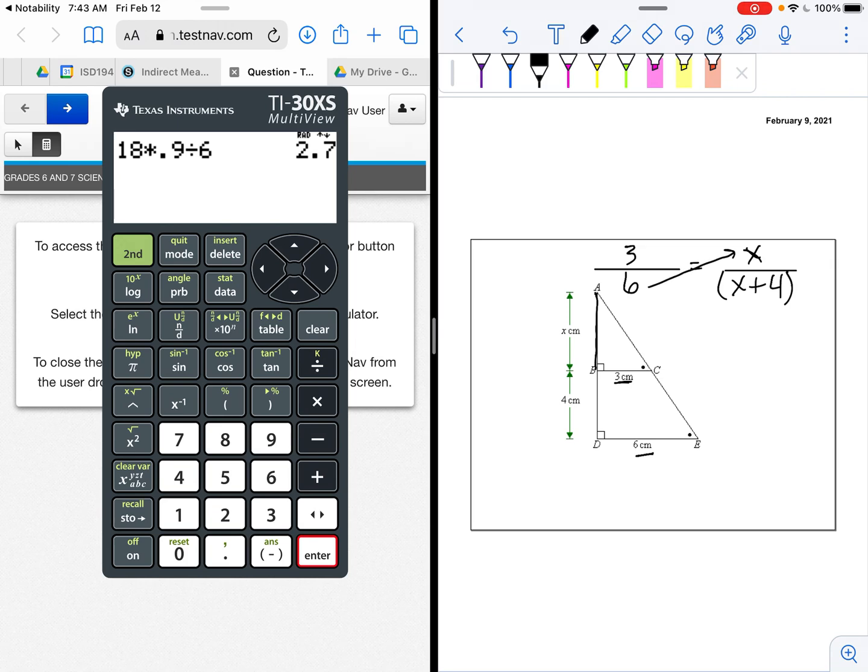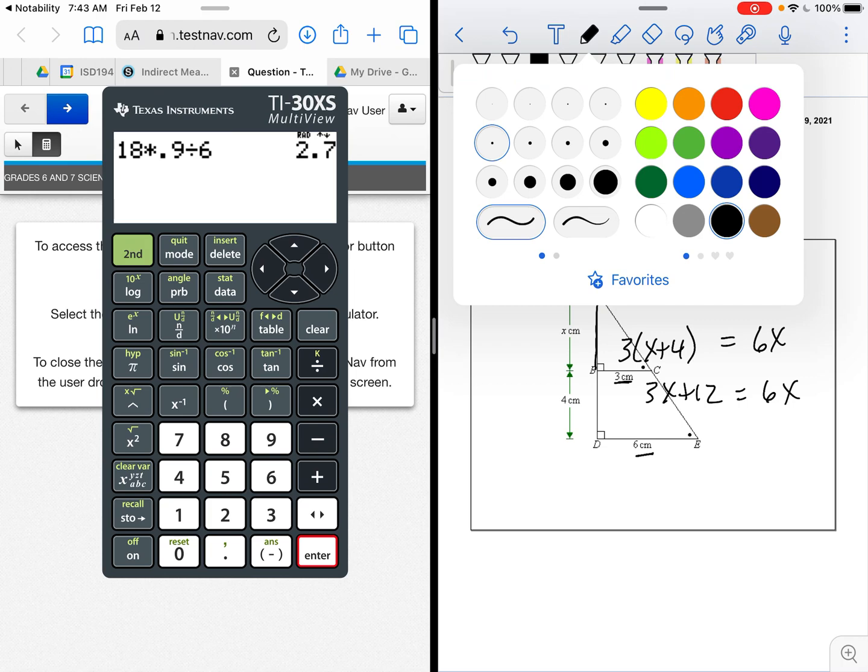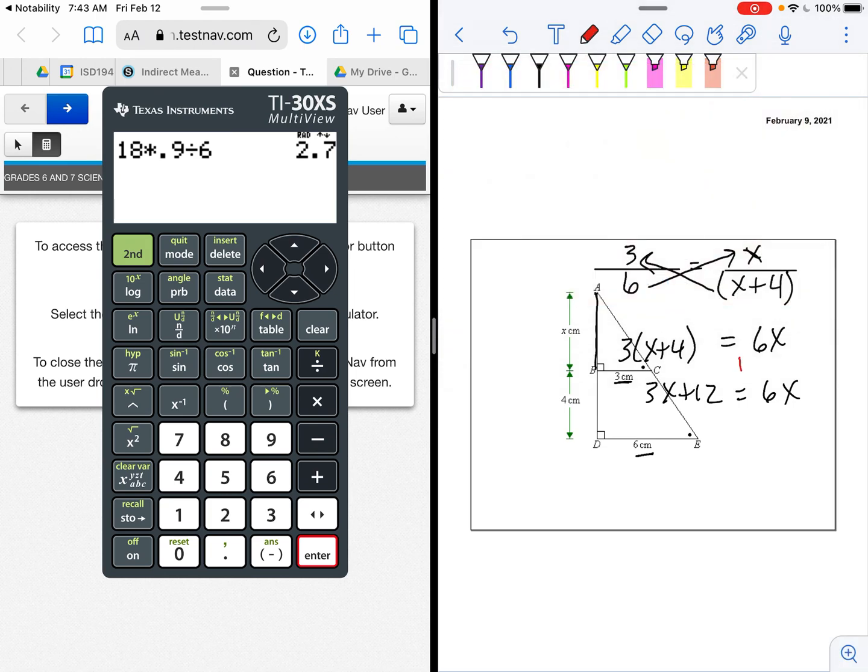When I multiply this way, I get 6x. And when I multiply this way, I have to do the distributive property. So I have 3 times x plus 4, so I really have 3x plus 12 equals 6x. This is just pure algebra at this point. I'm going to draw my line.